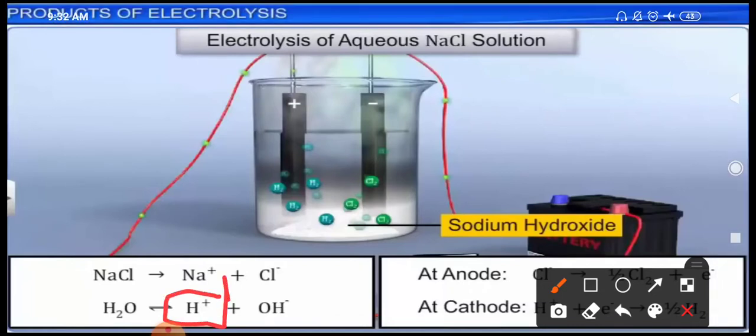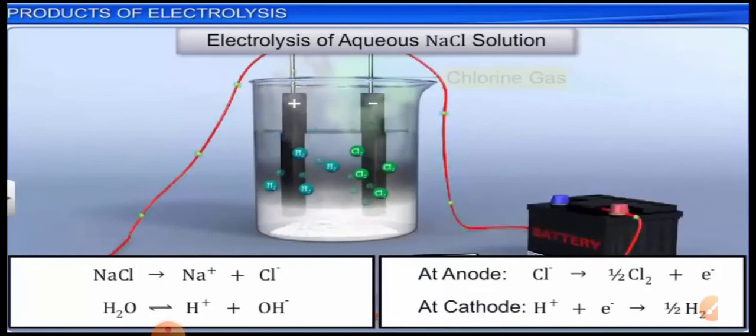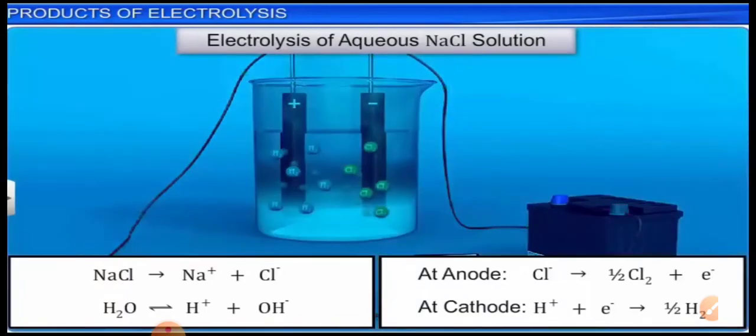One is H plus ion, another one is chloride ion, and as a side product we get sodium hydroxide. In the solution, at the end of the reaction, there is a presence of sodium hydroxide. This is due to the respective chemical reaction, and on the outer side of the beaker we will observe that green color gas is emitted, and from the one electrode colorless gas is emitted.